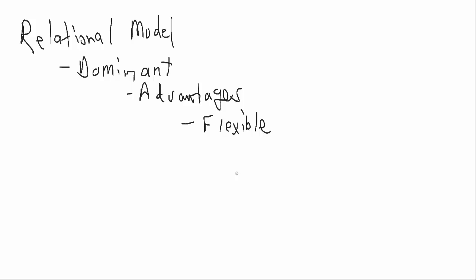You can incorporate a lot of logic and even programs into the database itself. And it's also a little bit easier to scale than the older style databases. So if you had to grow your database to utilize more space, you can again add storage to an enterprise relational database on the fly without shutting the entire database down, whereas that would be impossible on a hierarchical or network database.